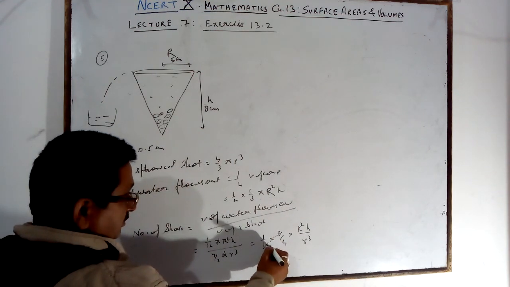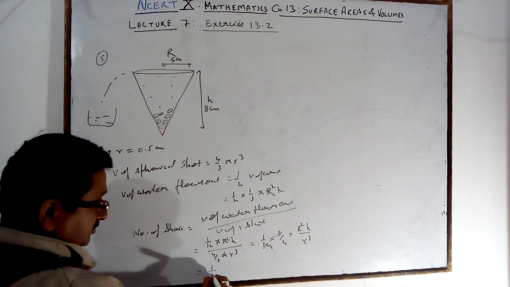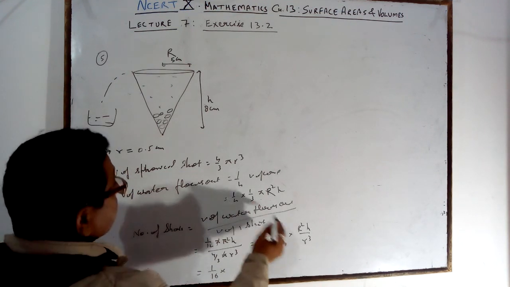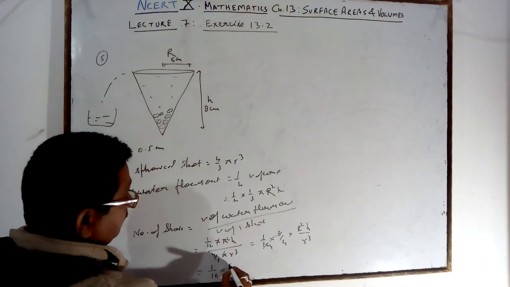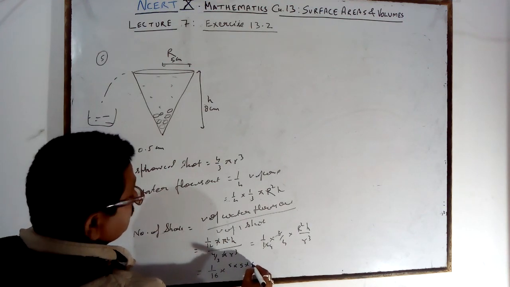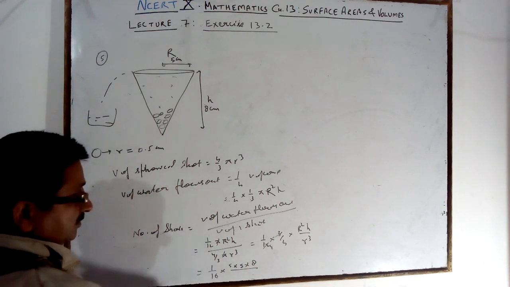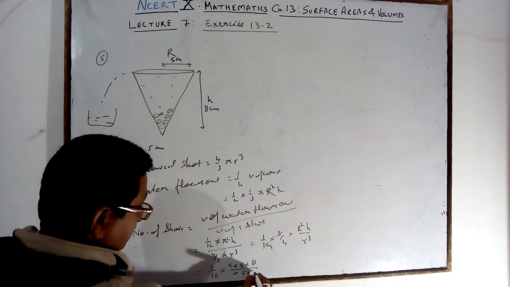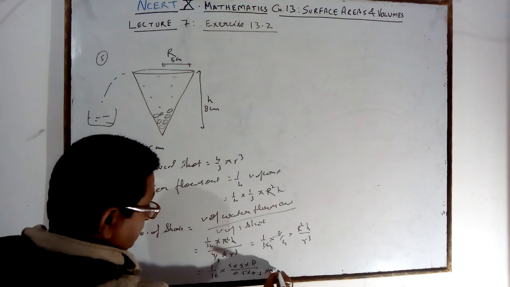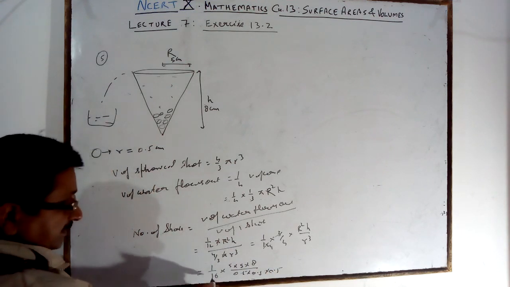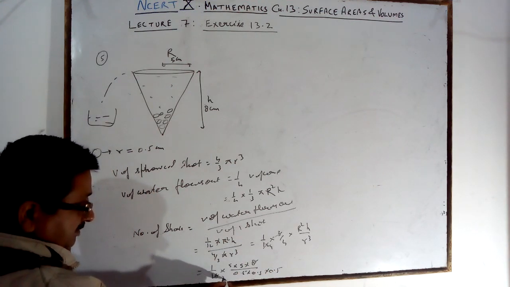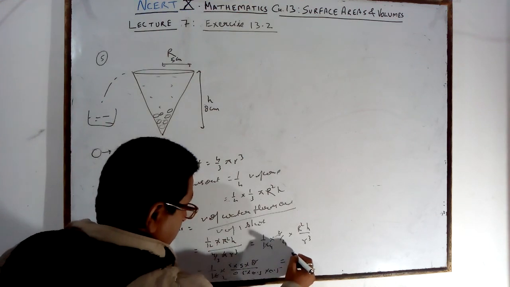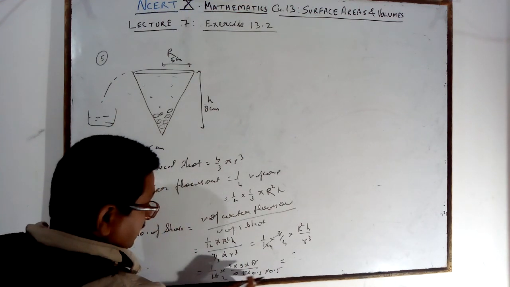3 4s are 12. You get 1/16 into capital R given 5, so 5 into 5 into 8, upon r cube, given here as 0.5 into 0.5 into 0.5. 8 2s are 16. Very simple question. Remove the point, there will be 1, 2, 3 zeros.